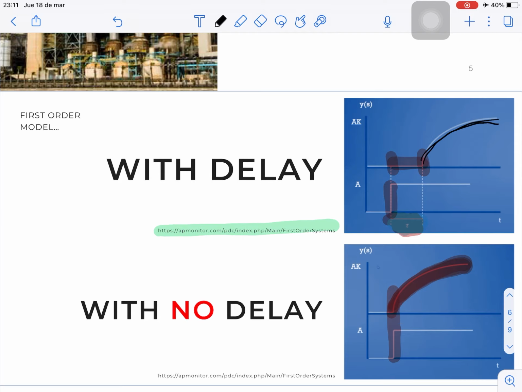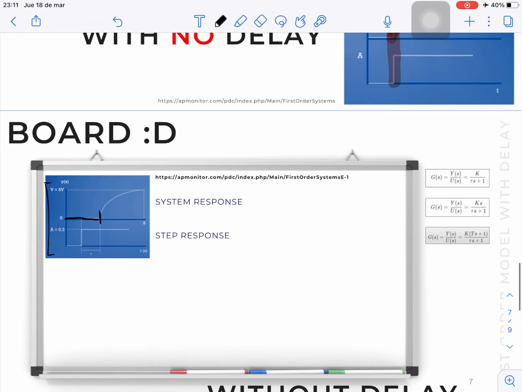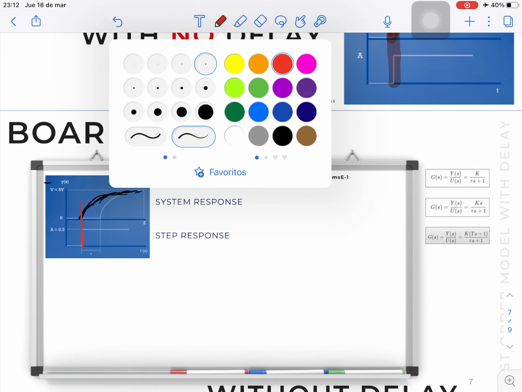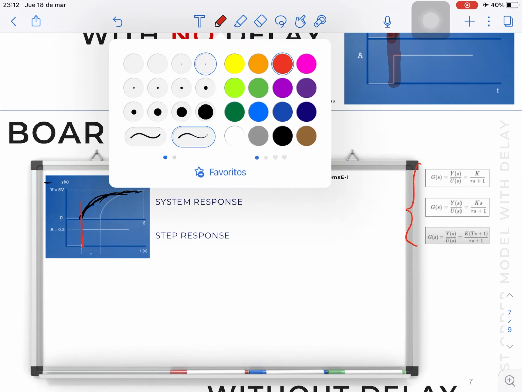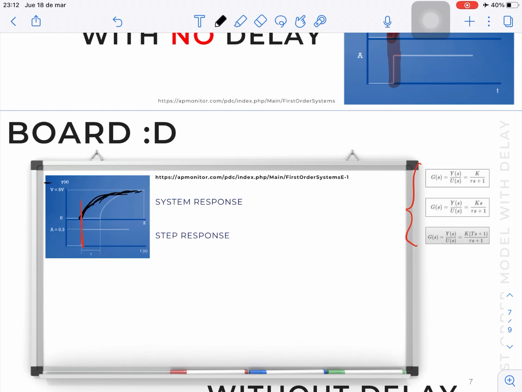Let's make an exercise first with no delay. Considering no delay, first we are not going to consider the delay, so let's assume that the graph starts like this. So we have here our three formulas that we explained earlier, and we know that our tau is equal to this.